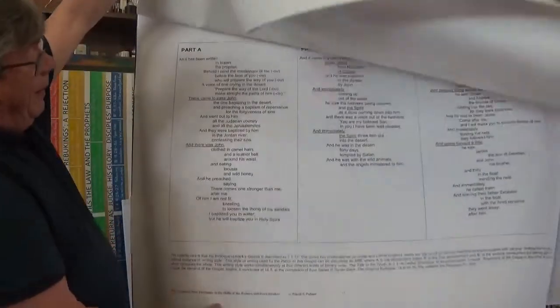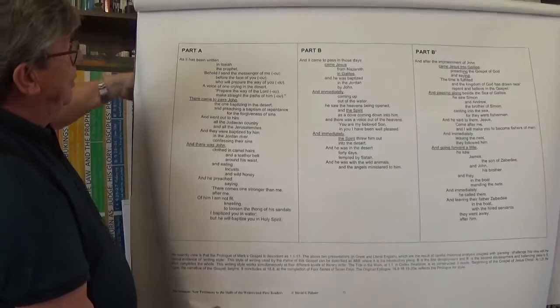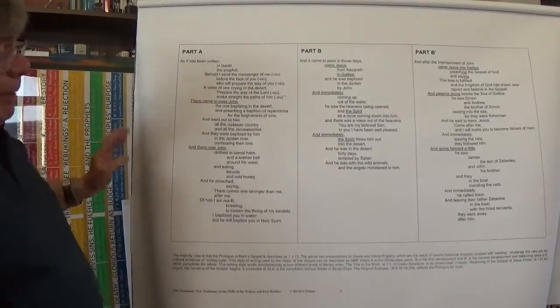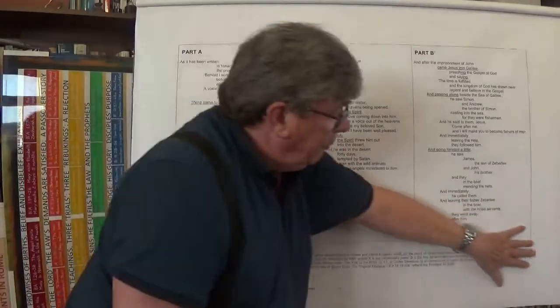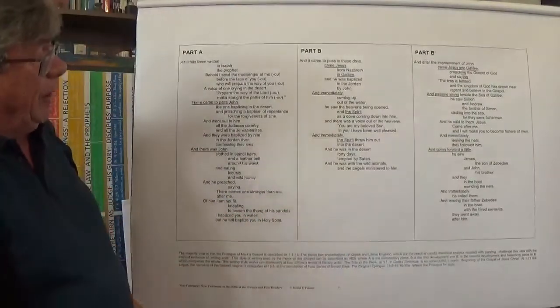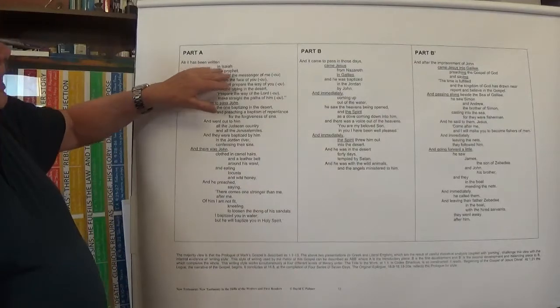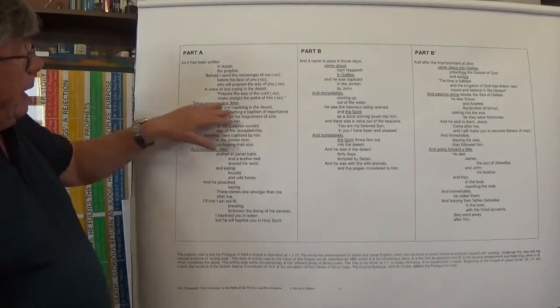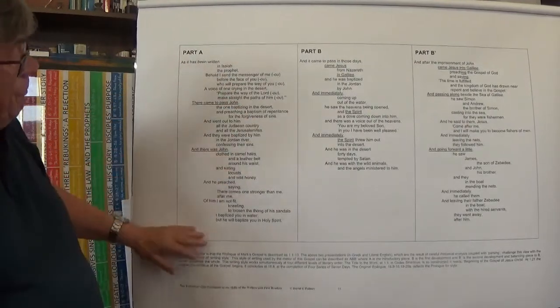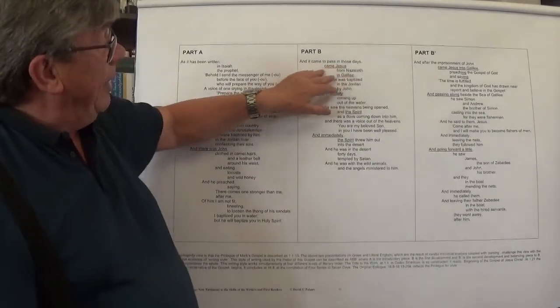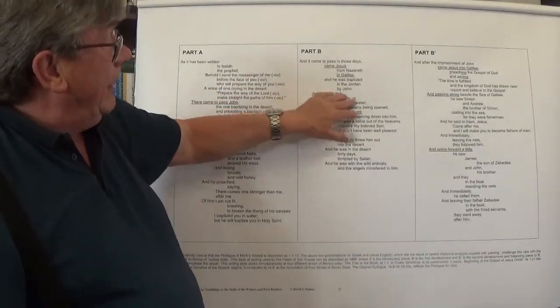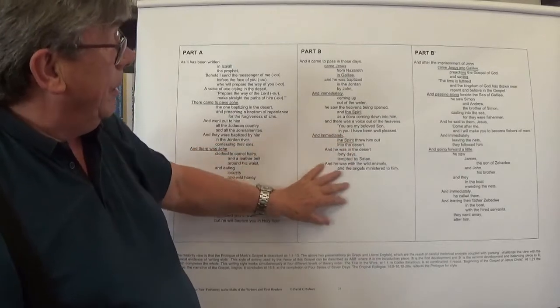Here it is in literal English, and you'll be glad about that, I guess. I struggled a little bit to get you to this point. So the 3 parts: as it has been written in Isaiah the prophet, there came to pass John, and there was John. And it came to pass in those days came Jesus, and immediately this happened, and immediately this happened.